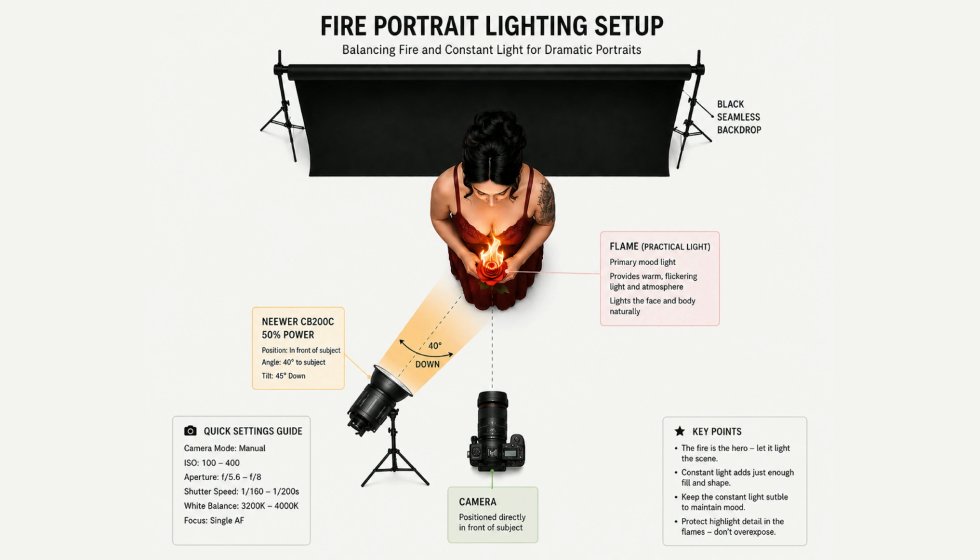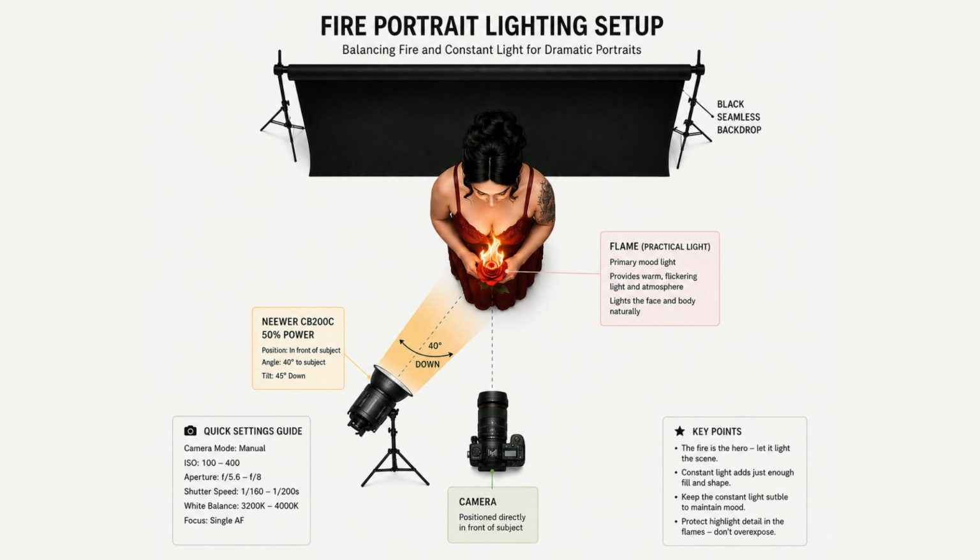So let's have a little look at some camera settings. You could use between ISO 100 and 400 depending on your camera, your lens, how bright or dark it is. My aperture, you can go between 5.6 and f8. Shutter speed, you want to be looking at least 1/160th to 1/200th.